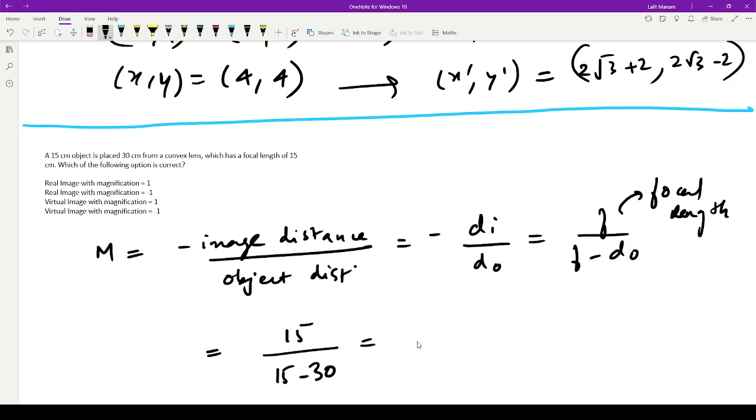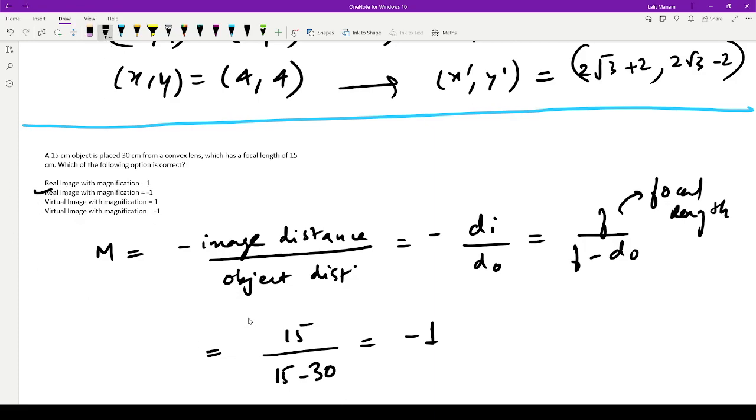So what is this? Minus 1. So magnification is minus 1, so either this option or this option is right. What does the minus sign signify? The image would be real. For negative magnification, the image is real.